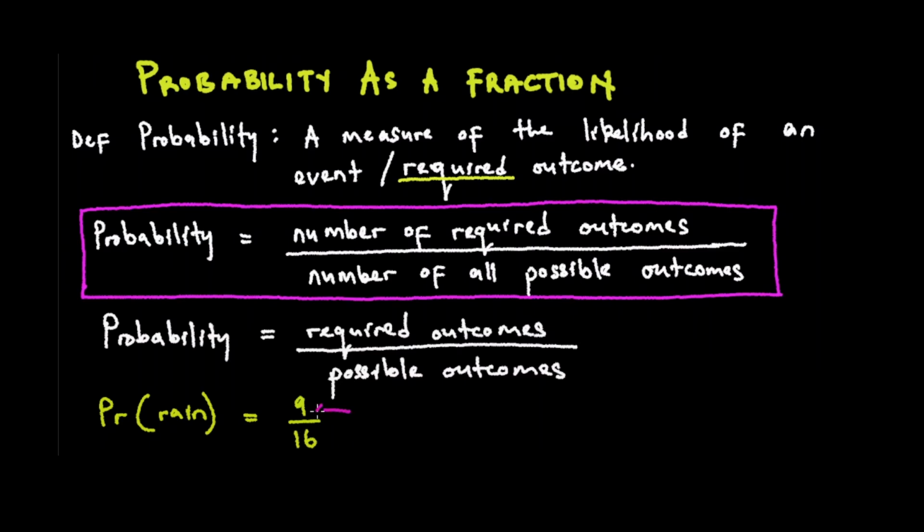So this 9 is representing the required outcomes because we are looking for the probability of rain. So 9 represents the times it rained, because if you remember the table of values which I gave, in that 12-year period there were 9 Septembers with rain. But this 16 is representing all the years. So it's not 16, it's a mistake. From our yesterday lesson, the lesson before this, it's actually 12.